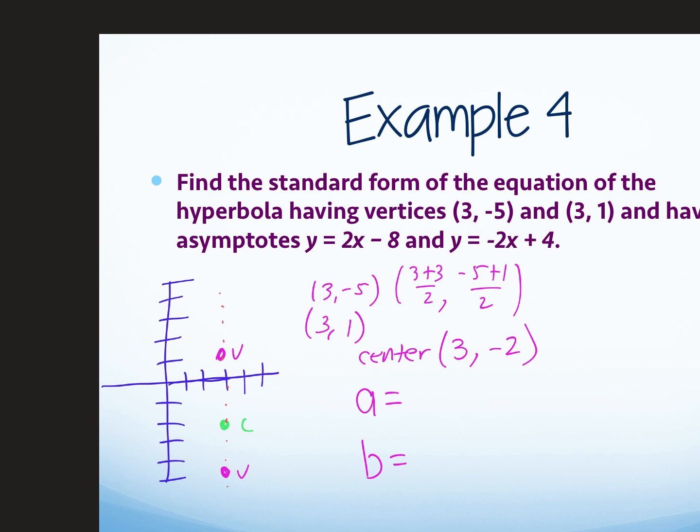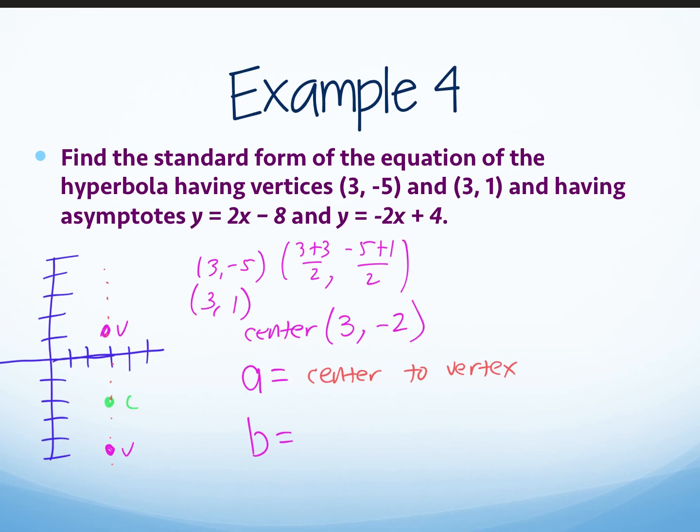So what is the A value? Remind me again what A represents. The distance from center to vertex. Can we figure that out from the information they gave us? How far is it from the center to one of the vertices? Doesn't matter, up or down. It's 3 units, right?